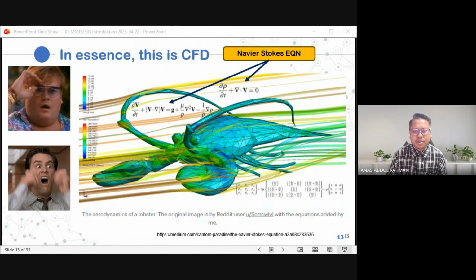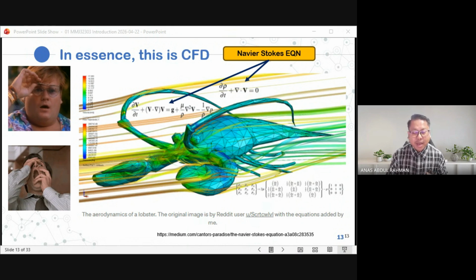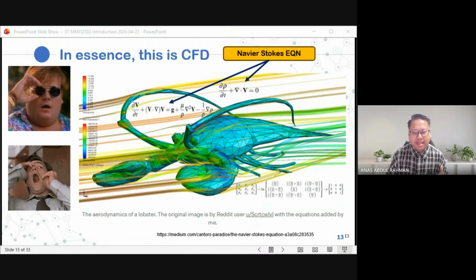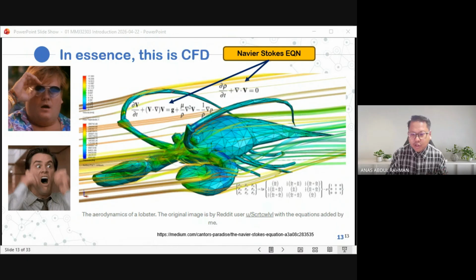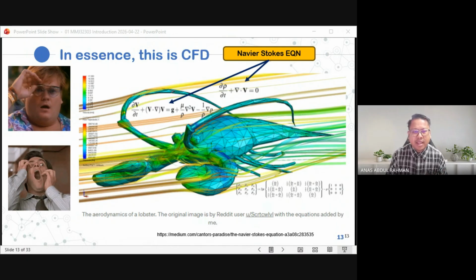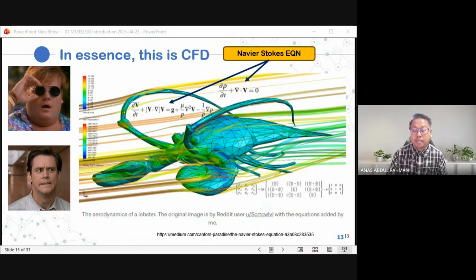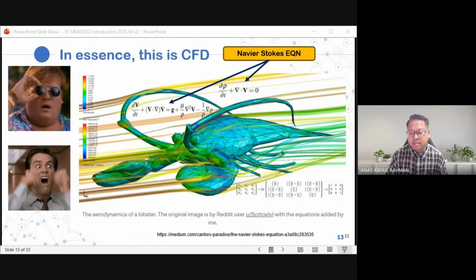So I hope at this point you understand that the beautiful, visually appealing figures on your paper or from the papers that you are reading all came out from the mathematical equations, specifically the Navier-Stokes equations, being solved to get all this magnificent visual representation.